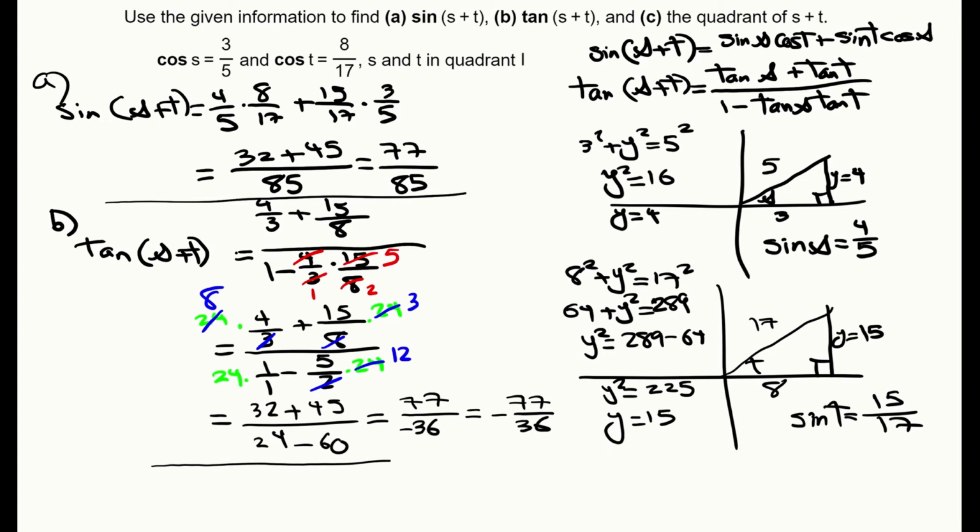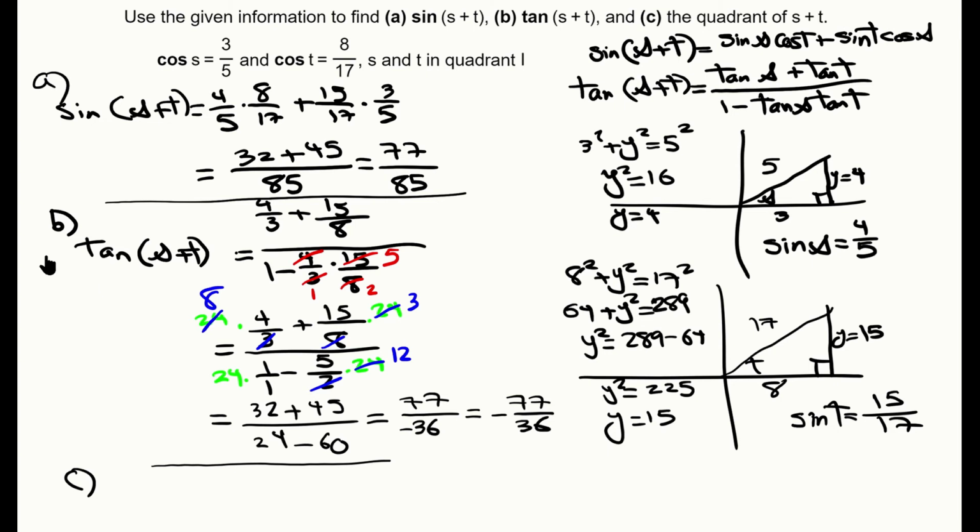So the only part left is C, which is going to require a little bit of thinking, because remember, they want to know which quadrant s plus t falls into. Remember, we don't know the angles s or t exactly, but we know the sine of the angle and we know the tangent of the angle.